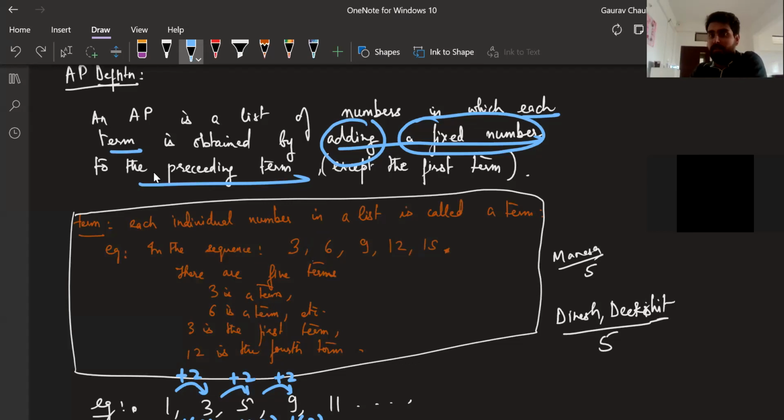Otherwise, it is not called an arithmetic progression. It may be some other progression. I mentioned a couple of names last time: geometric progressions, harmonic progressions.